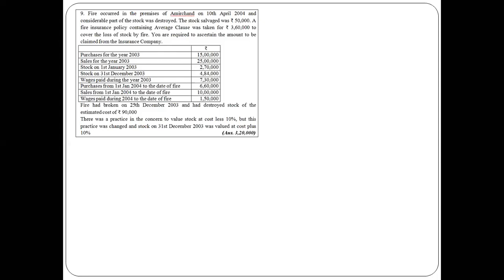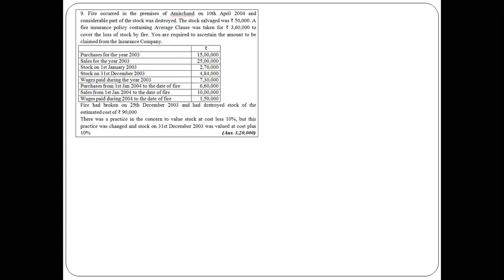Stock on 31st December 2003, that is closing stock. Wages paid during the year 2003 amounted to 7,30,000. Then purchases from 1st January 2004 till the date of fire, that is 10th April 2004, in the sense, next financial year information.